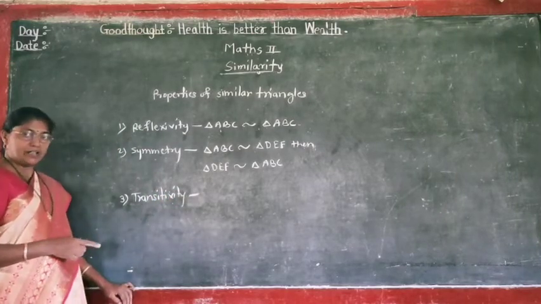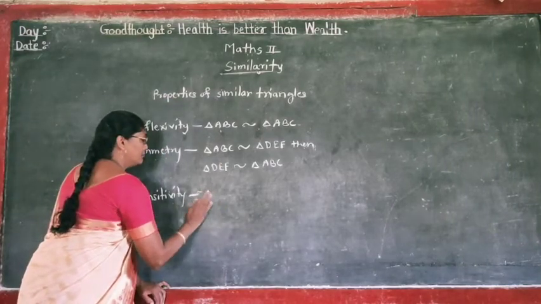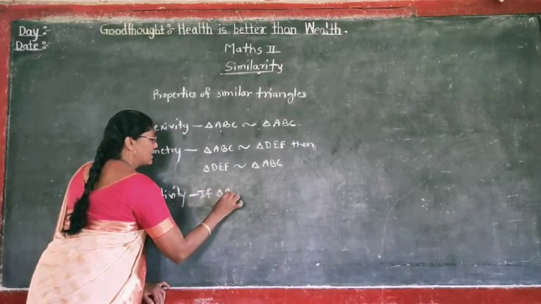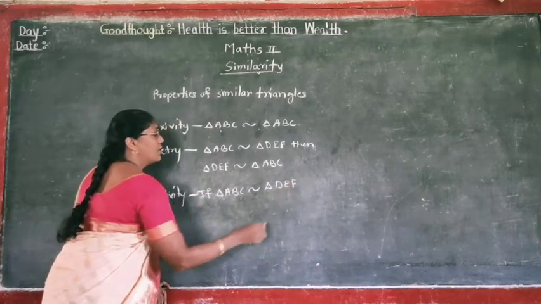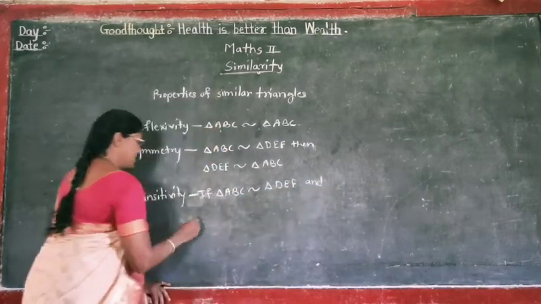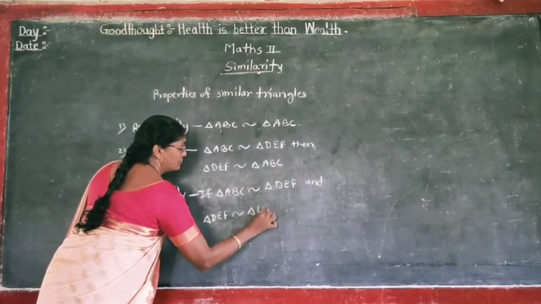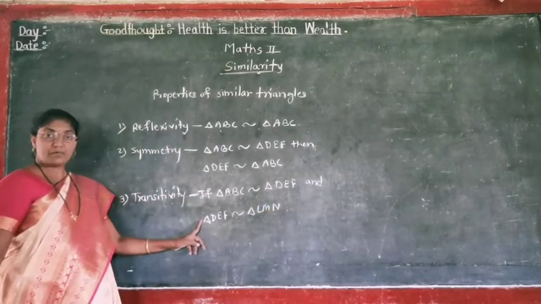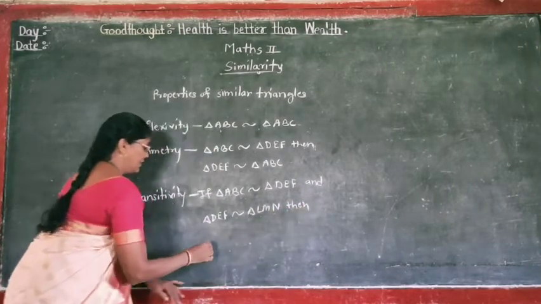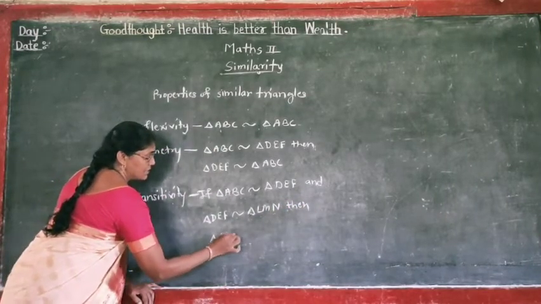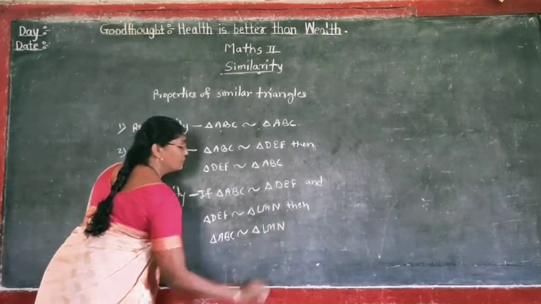In this property, if triangle ABC is similar with triangle DEF, and triangle DEF is similar with triangle LMN, then triangle ABC is similar with triangle LMN.